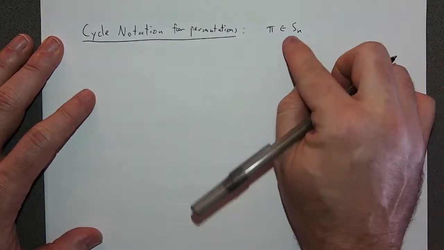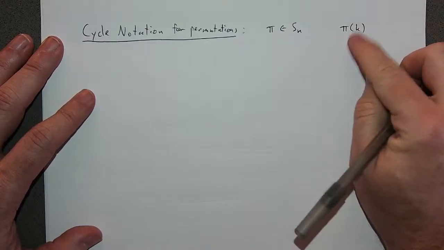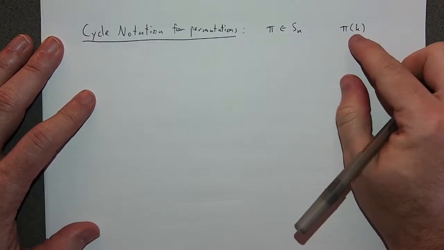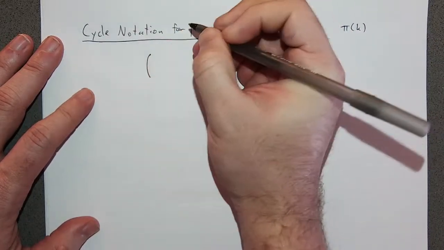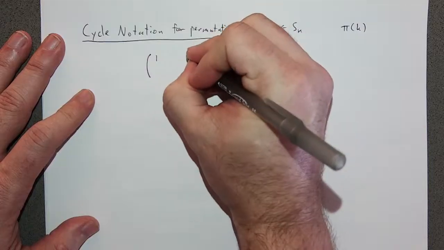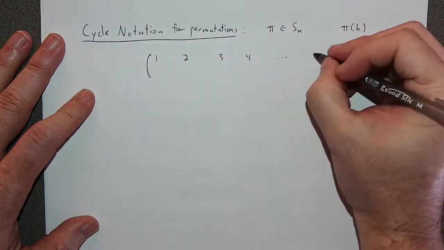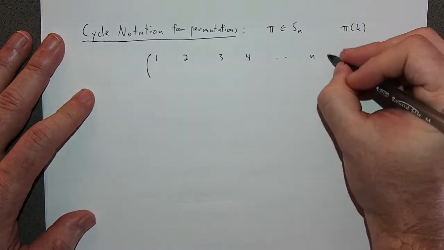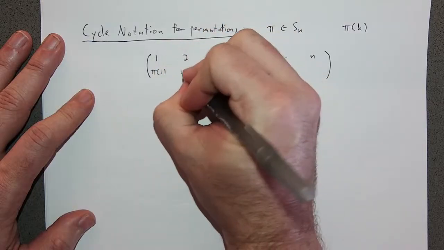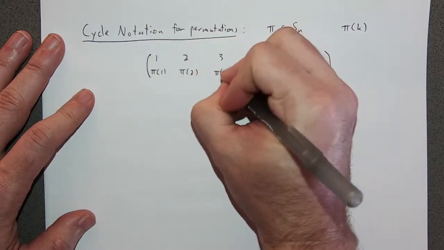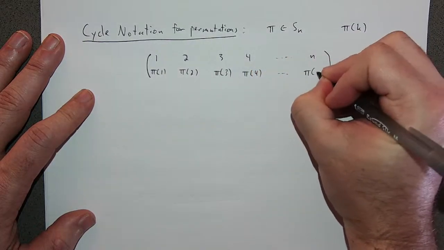To specify this, I need to specify what pi of k is for each k. So maybe you do this as a table, or as a row like this. Here's 1, here's 2, here's 3, here's 4, and so on out to n. And then you would say, here's pi of 1, pi of 2, pi of 3, pi of 4, and so on, and lastly pi of n.